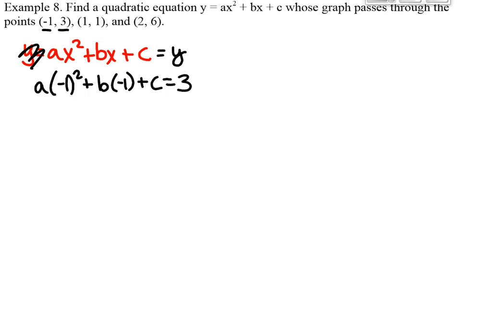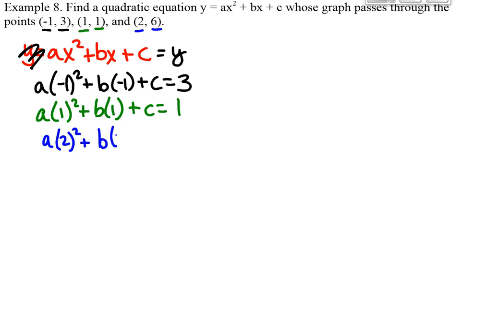Putting in that point for the first equation. The next equation I'll put in 1 and 1. A times 1 squared plus b times 1 plus c equals 1. And then I'll put in the 2 and 6. So a times 2 squared plus b times 2 plus c equals 6.